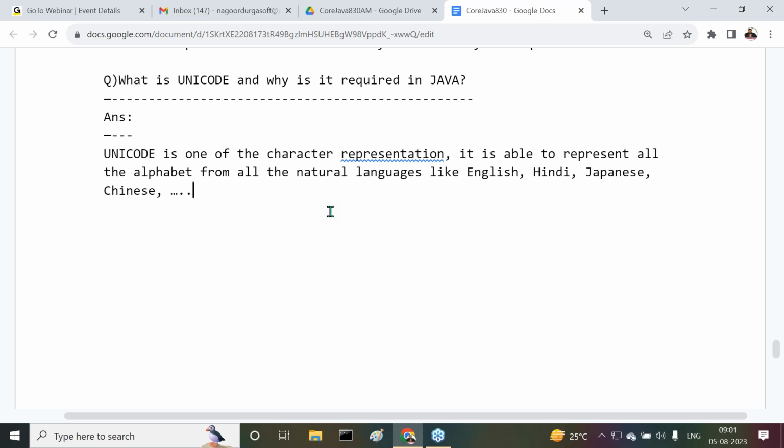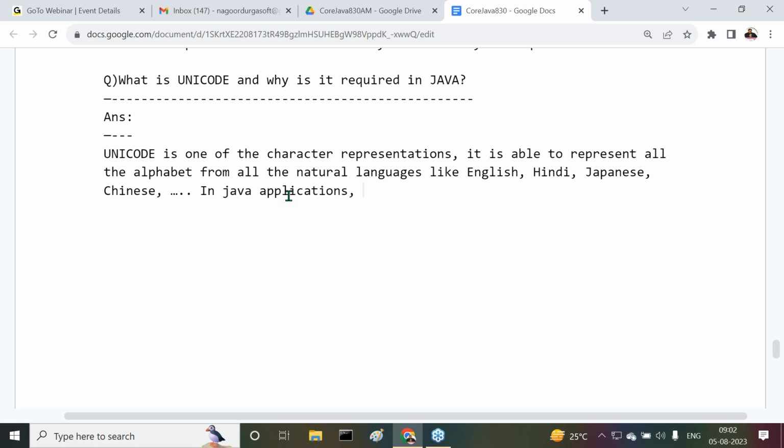Do all of you get my point? Unicode is one of the character representations. It is able to represent all the alphabets from all the natural languages, like English, Hindi, Japanese, Chinese, in Java applications. By representing like this, what advantage are we able to get? We are able to represent all the natural languages' alphabets in our Java program.